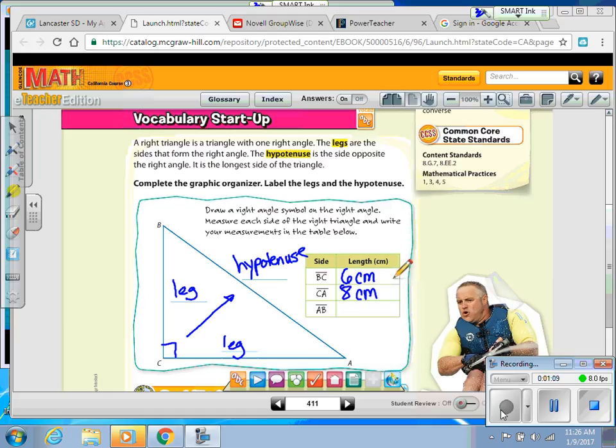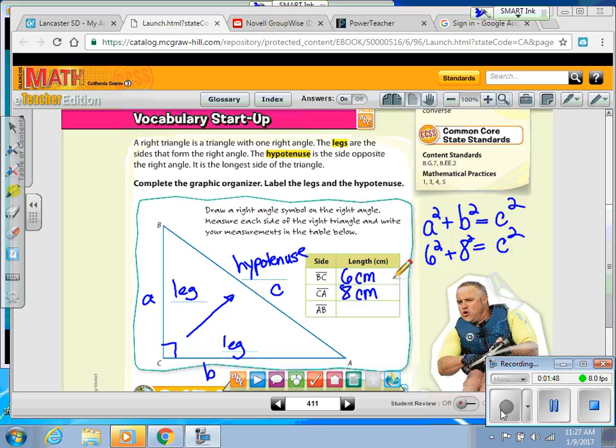And there's an equation based on the Pythagorean theorem that states that the sum of the square of the legs, which I'm going to call A and B, is equal to the square of the hypotenuse, which I'm going to call C. Okay? So if I square BC, which is A, 6 squared, plus 8 squared, I will get the length of the square of the hypotenuse.